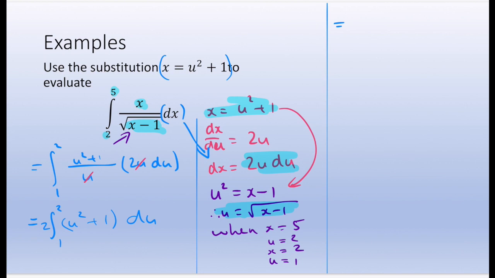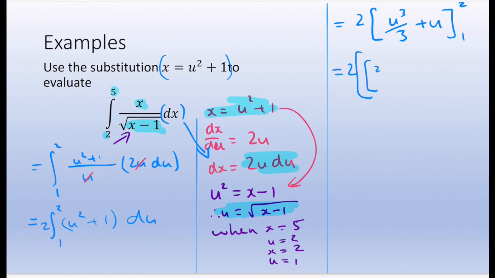And let's just go with it. I think I can integrate it already. So I'm going to go 2 bracket, it's going to be u cubed on 3, and then the next one's just going to be plus u. And our boundaries are 2 and 1. So let's do that. 2, big bracket, smaller bracket.